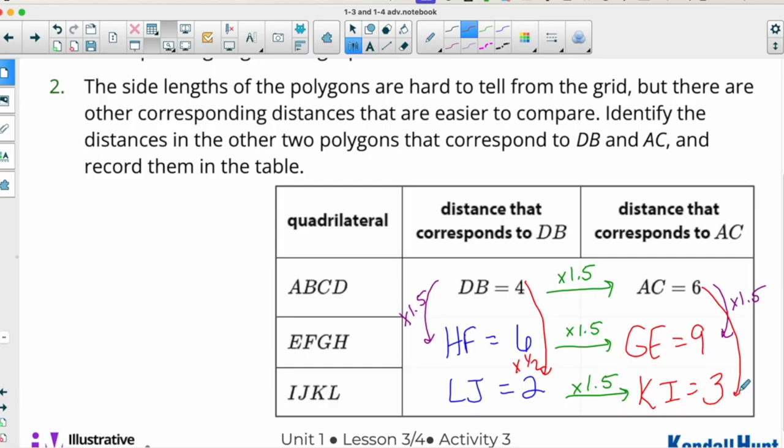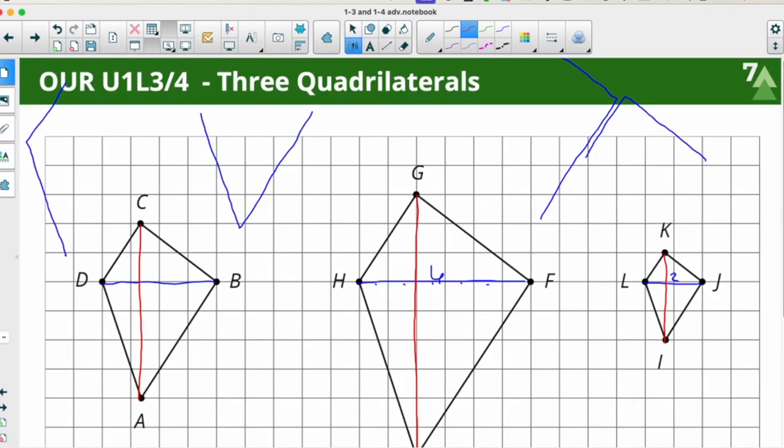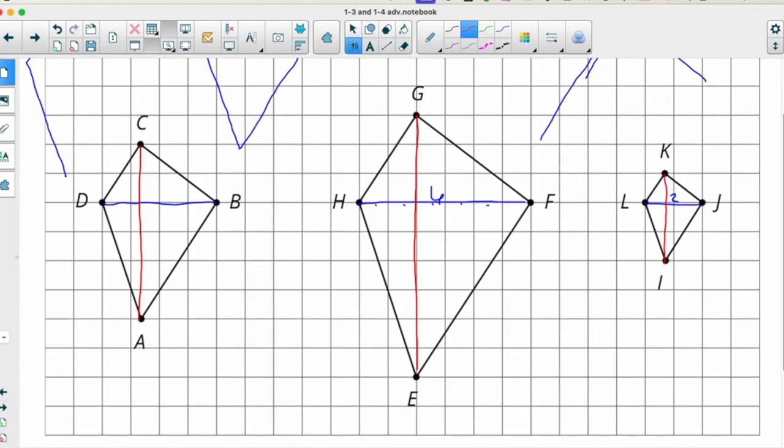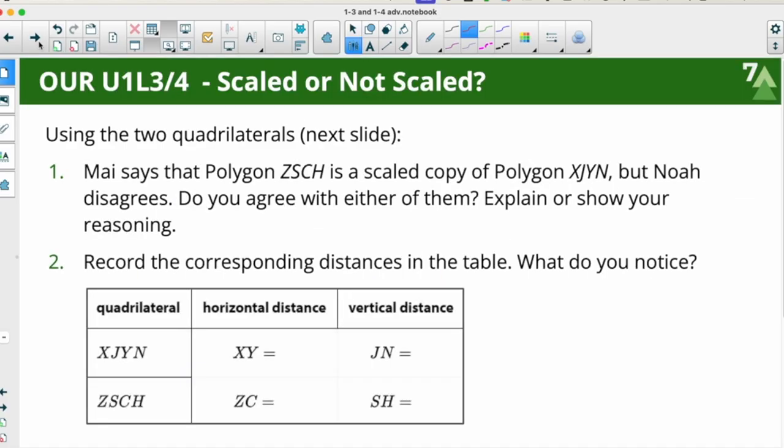And from AC to KI, we multiplied by 1/2. So they are scaled copies. And the scale factor from ABCD to EFGH is 1.5. And the scale factor from ABCD to IJKL is 1/2. So we don't have to just check side lengths. We can check any vertical or horizontal distance.